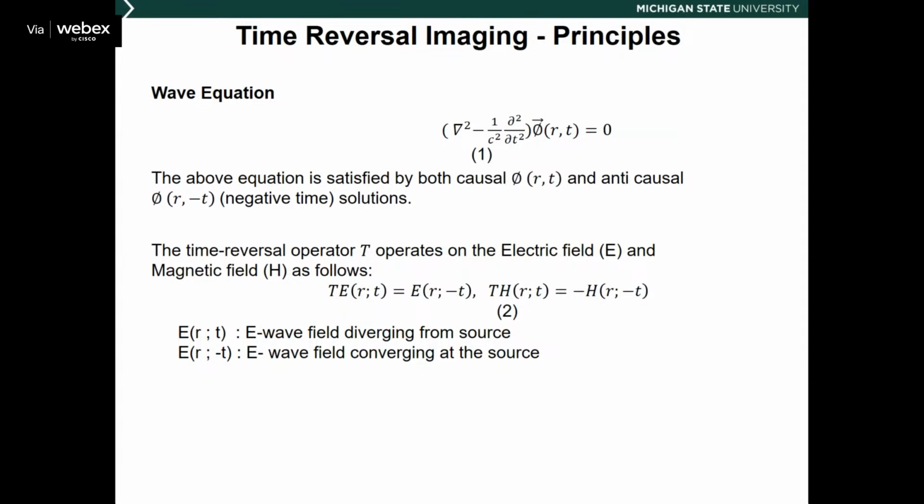If you look at the EM application, you can apply the time reversal operator to E and H, the electric field and magnetic field, by simply adding a negative sign for the time here.